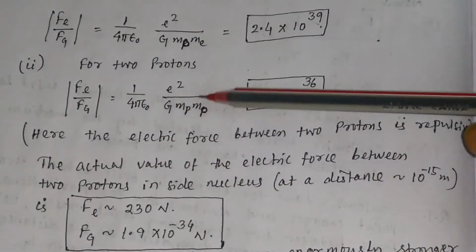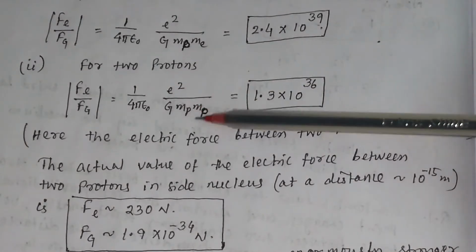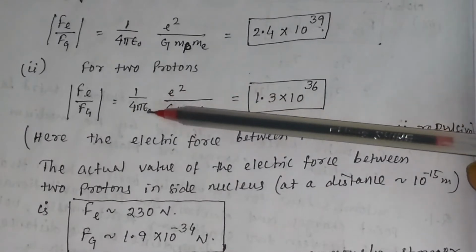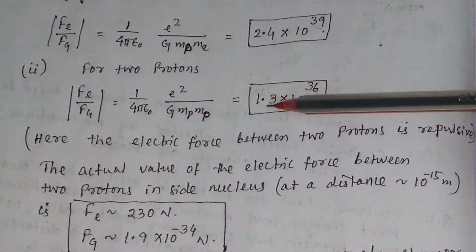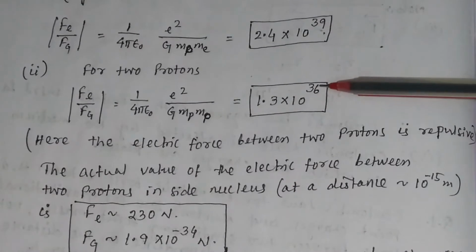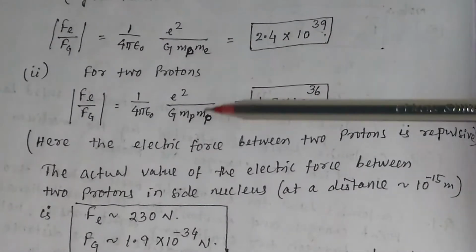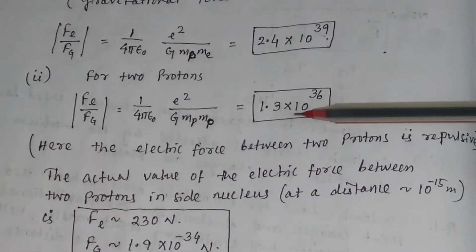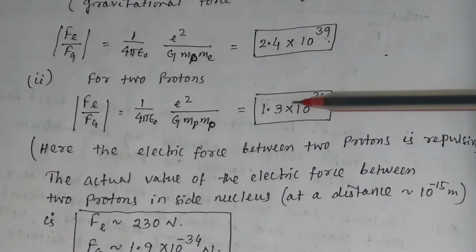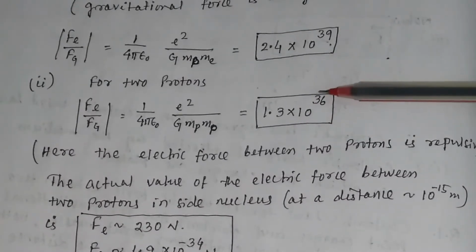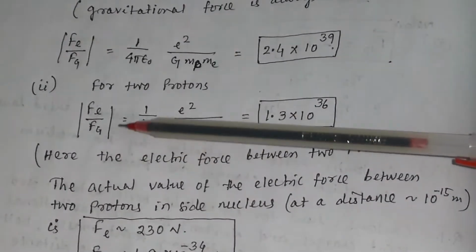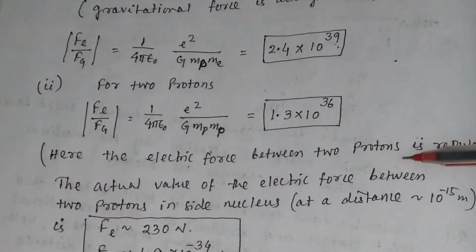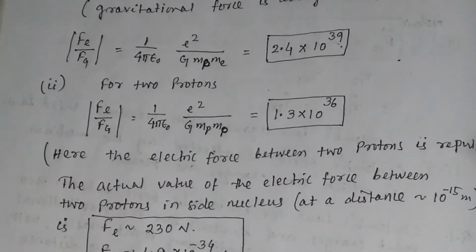Using the same formula and putting in these values of e, mp, G and 1/(4πε0), you will get the value 1.3 × 10^36. So between two protons, the electrostatic force is 10^36 times larger than the gravitational force. Remember this order. Here the electric force between two protons is repulsive.